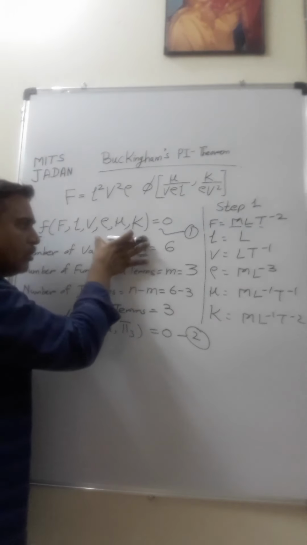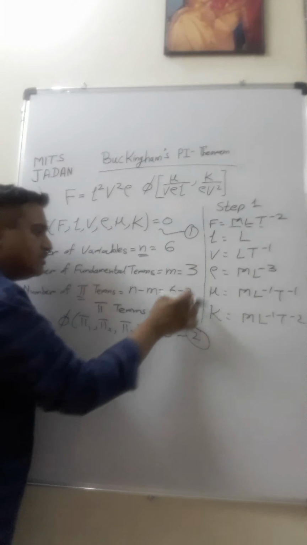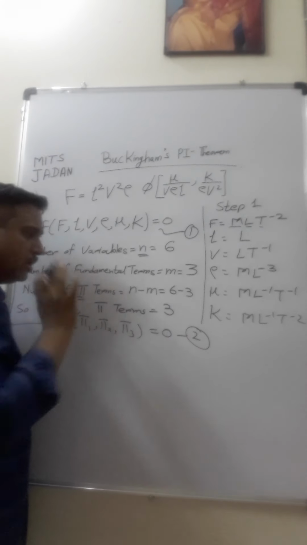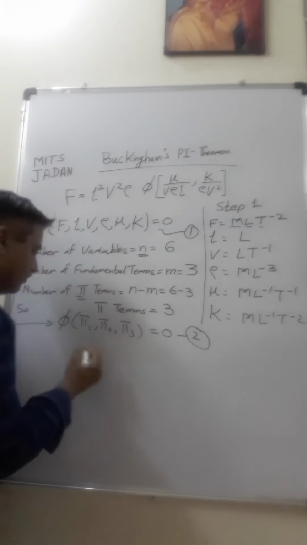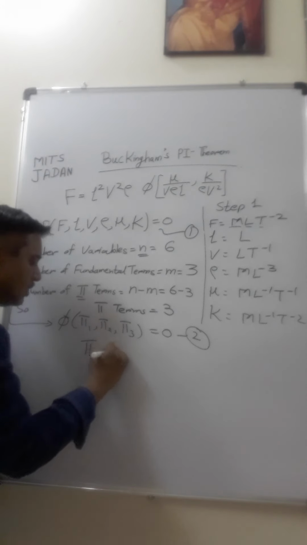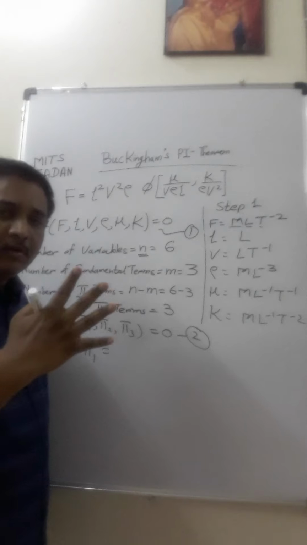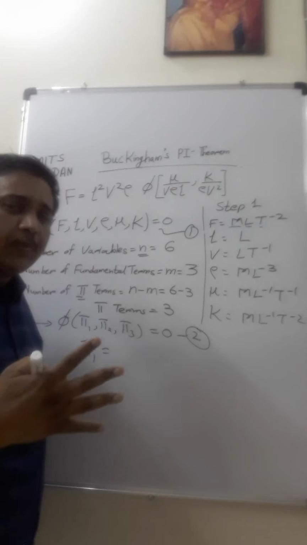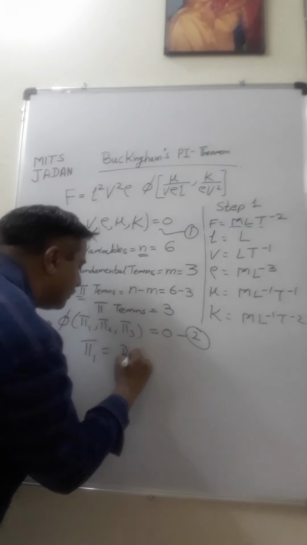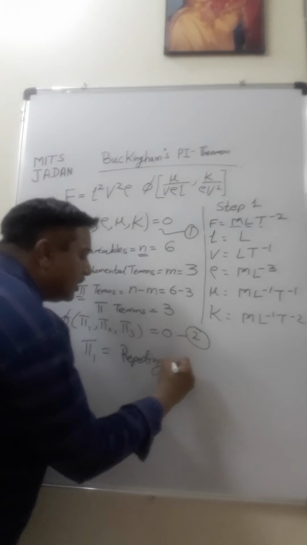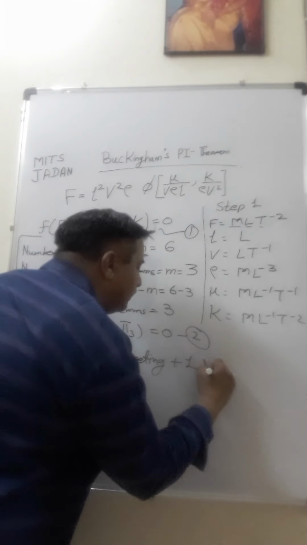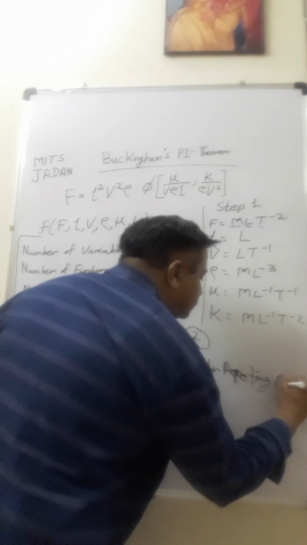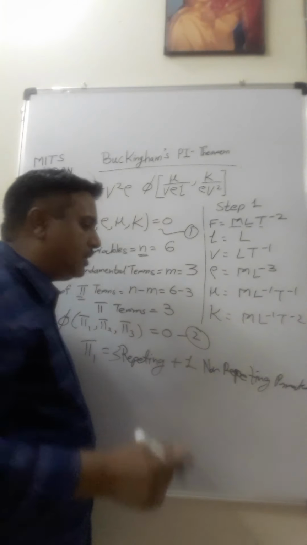Step 1: calculate the total number of variables, the fundamental terms, and total number of variables minus fundamental terms. Now we will get the number of pi terms, pi 1, pi 2, pi 3. Each pi term will have 4 parameters. Remember very clearly, each pi term will have 4 parameters. Out of these 4 parameters, 3 will be repeating parameters plus 1 non-repeating parameter.